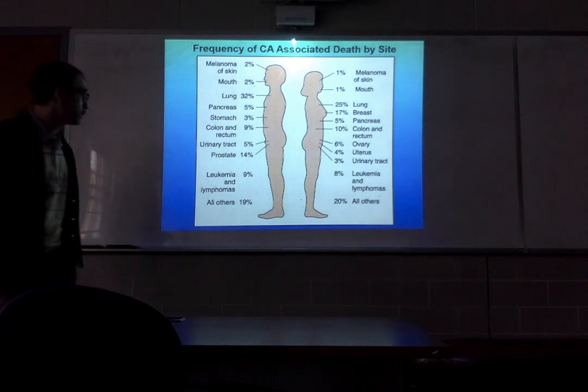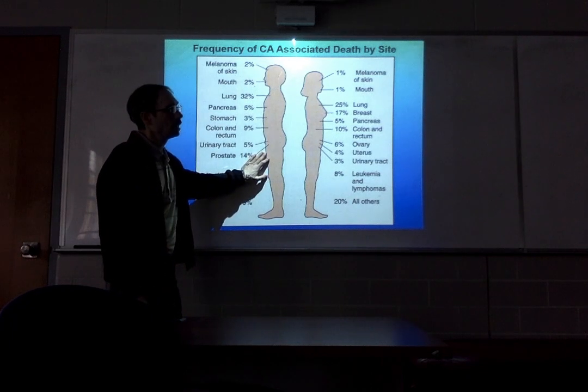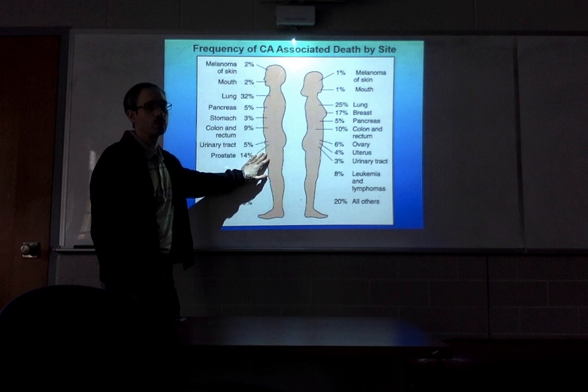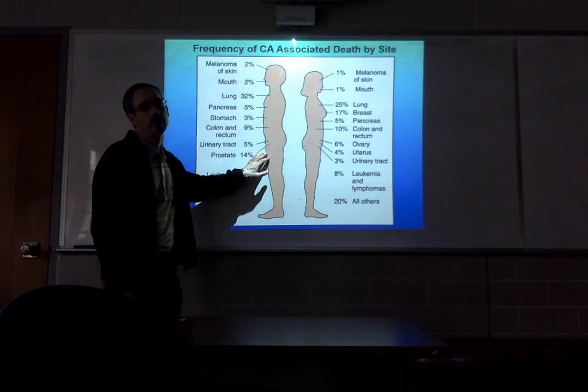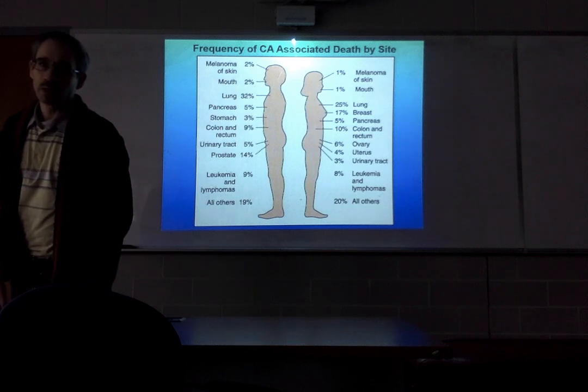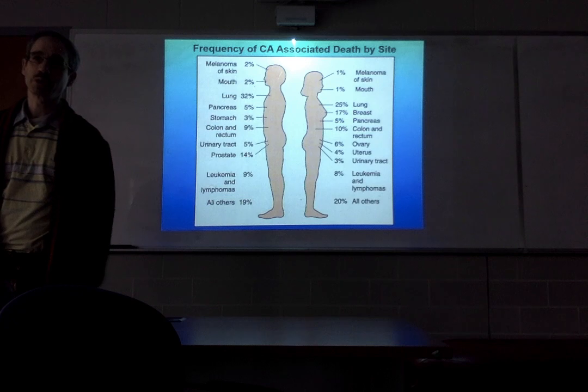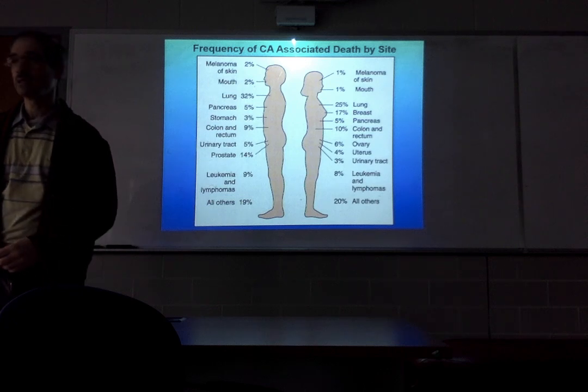So prostate cancer is pretty common in men. In men 80 years or older, about half of men have prostate cancer. We know that because when we perform autopsies on men in that age range, we discovered that half of the prostates contain cancer.